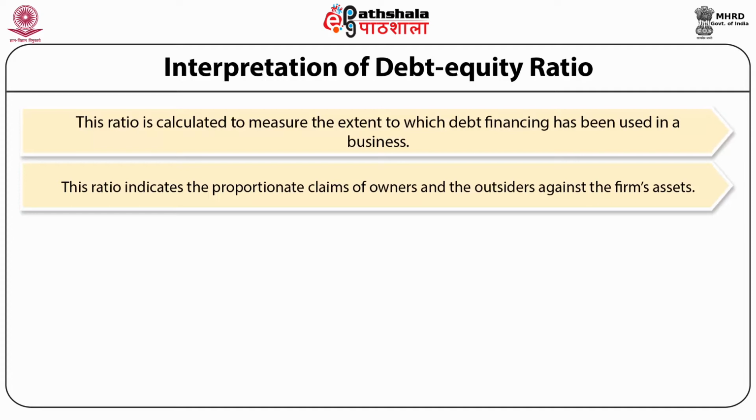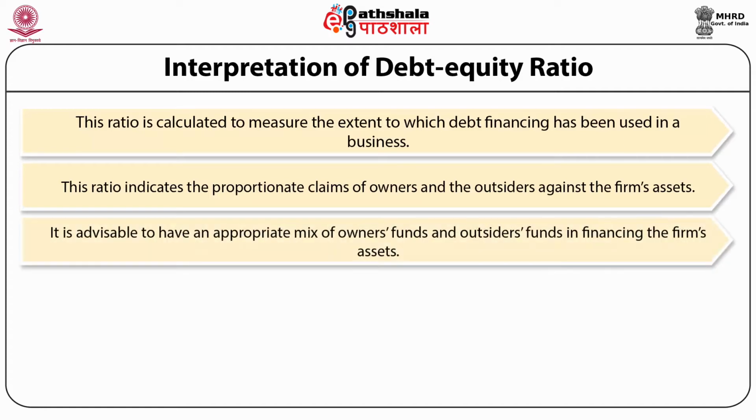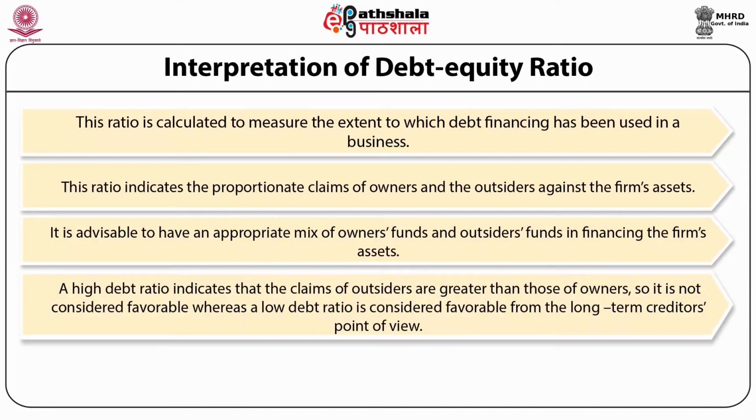The purpose is to get an idea of the cushion available to outsiders on the liquidation of the firm. It is advisable to have an appropriate mix of owners' funds and outsiders' funds in financing the firm's assets. A high debt ratio indicates that claims of outsiders are greater than those of owners.